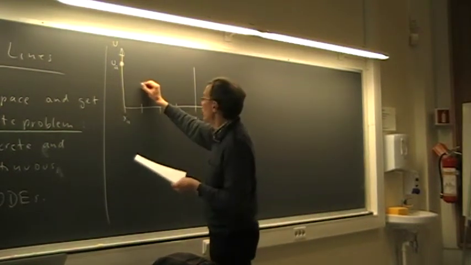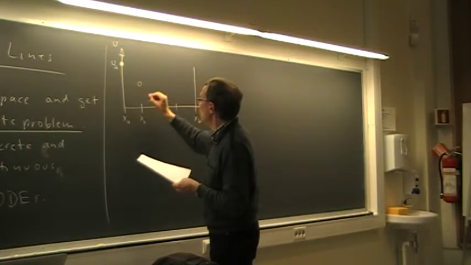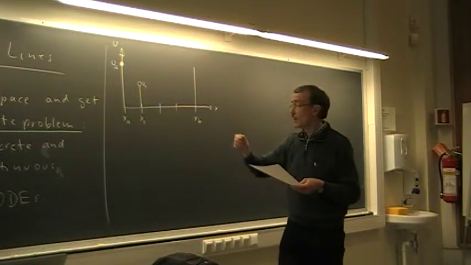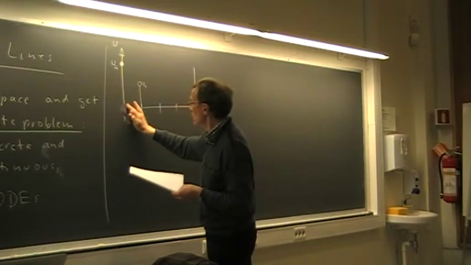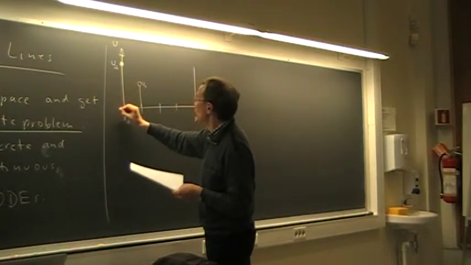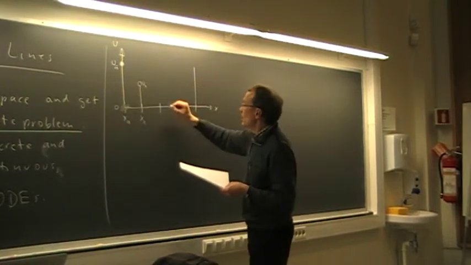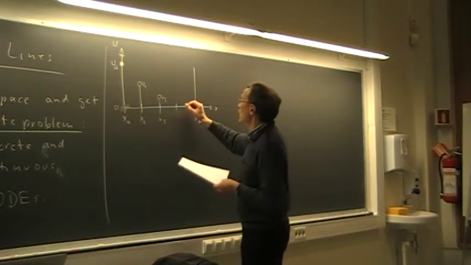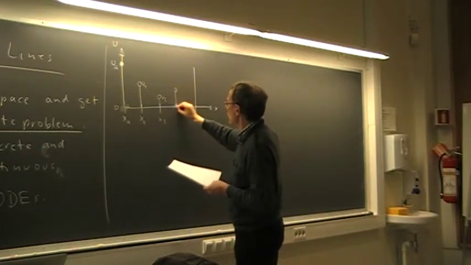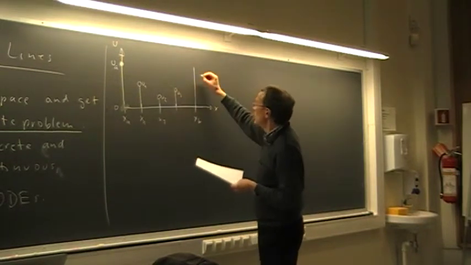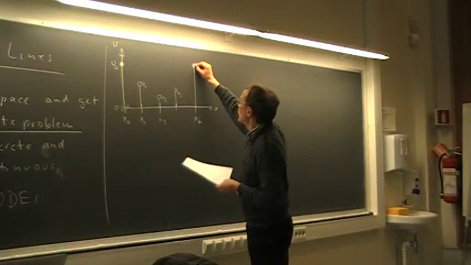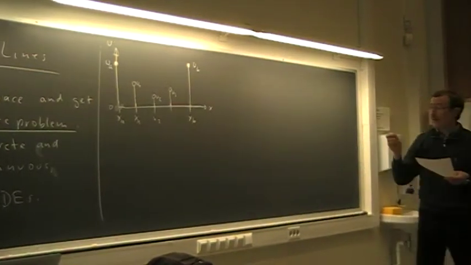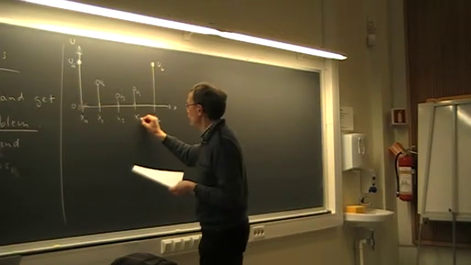That would be our x1, and we would have the u1 here, and we would visualize it by these lines. We would then have the x2, the corresponding u2, and here the u3, and that would be the ub, again a boundary condition. So we visualize what is happening at the grid points, so that would be the x3.